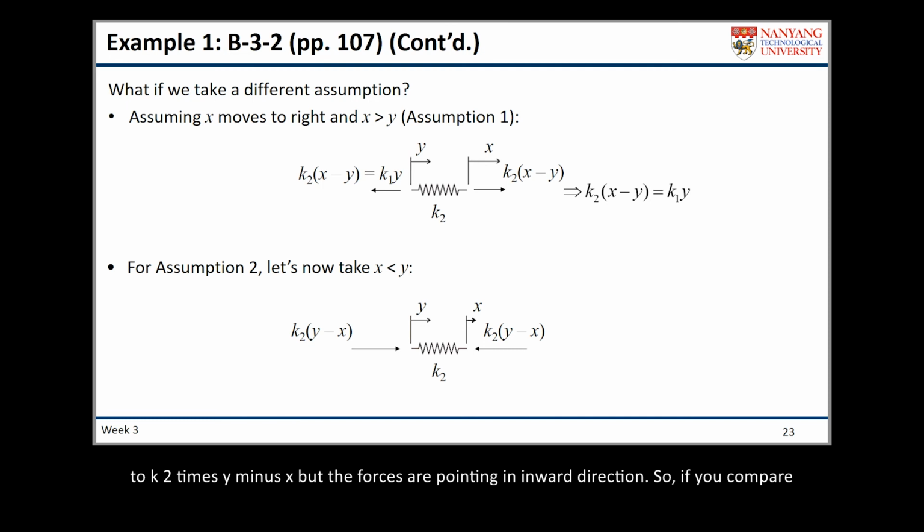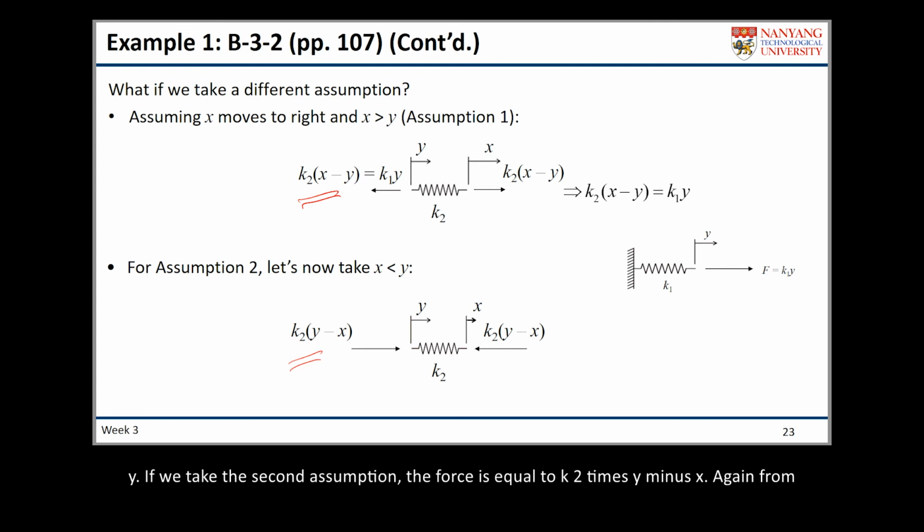If you compare these two analyses using two different assumptions, the forces are pointing in opposite directions, and the sign of the force is also inverted. From the first assumption, the force is equal to K2 times x minus y. If we take the second assumption, the force is equal to K2 times y minus x.